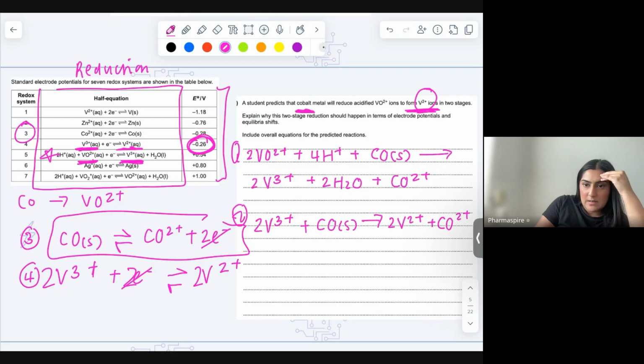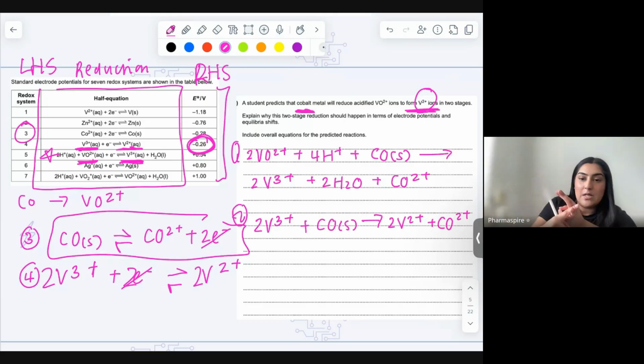Does the right-hand side have reduced compounds or the reducing agents that will be reduced? So anything reduced, anything that says reducing agent, anything that says reduction or in some format reduction is always right-hand side. Sorry, if they say oxidizing agent, oxidation, left-hand side.